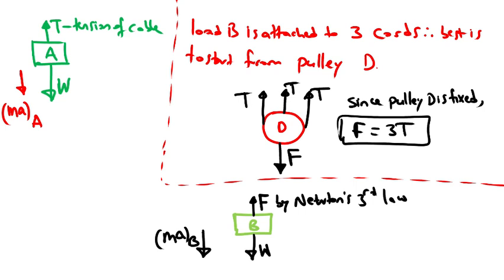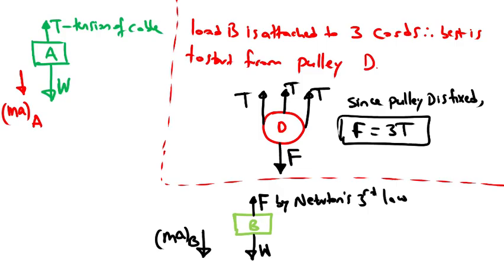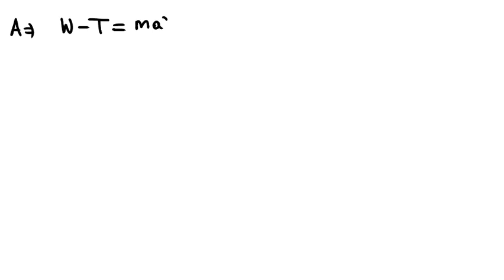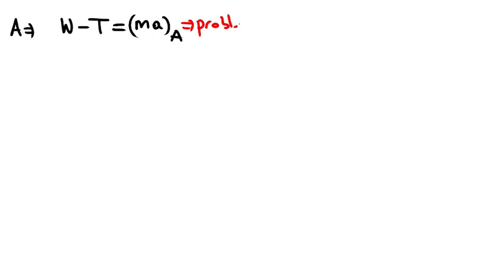We will select downwards as positive. Then for A, W minus T is equal to M A. As always, as I told, the problem solution will correct the direction of A.